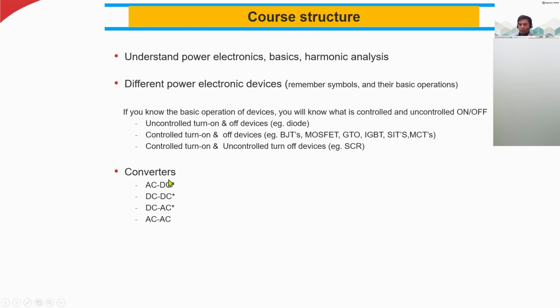Circuits are converter circuits. So there are four major converters we have in power electronics, based on the power source. Sometimes you will have an AC power source, sometimes a DC power source, but the load requirement is different. Each load has a different requirement.